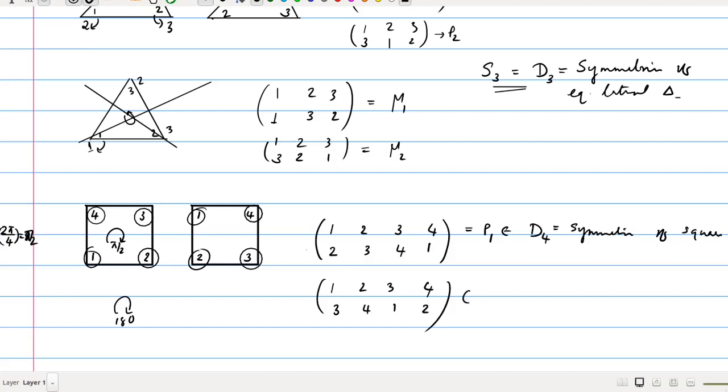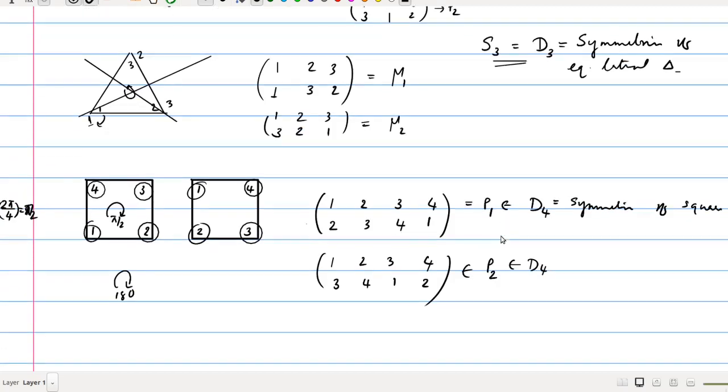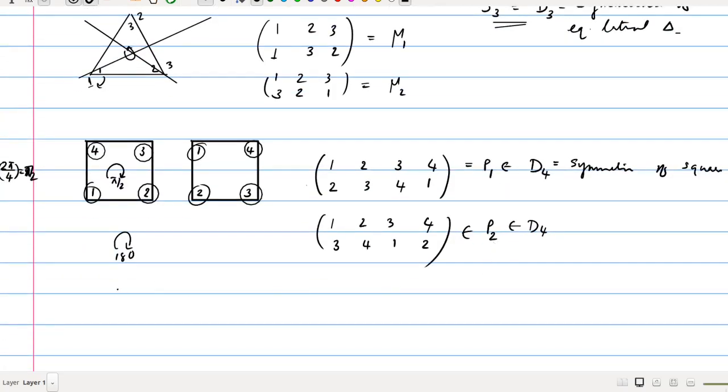This is named rho 2, the second rotation, and this is also an element of D4, the permutations due to the symmetries of the square. And if you consider 270 degrees, then you will get the third one: at the place of 1 you can see 4, and at the place of 2 we have 1, and here are 2 and 3. This is called the third rotation.